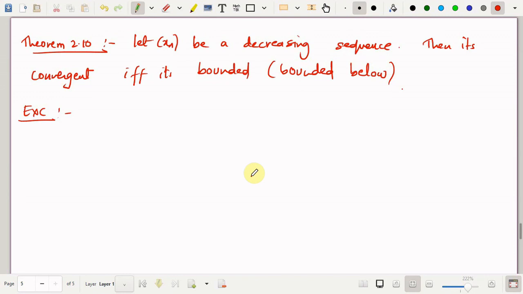The image set of the sequence will be bounded below, and it is going to be non-empty, so therefore it should have an infimum. And you claim that the given sequence converges to the infimum of that particular sequence using the definition of infimum. So I leave the proof as an exercise.